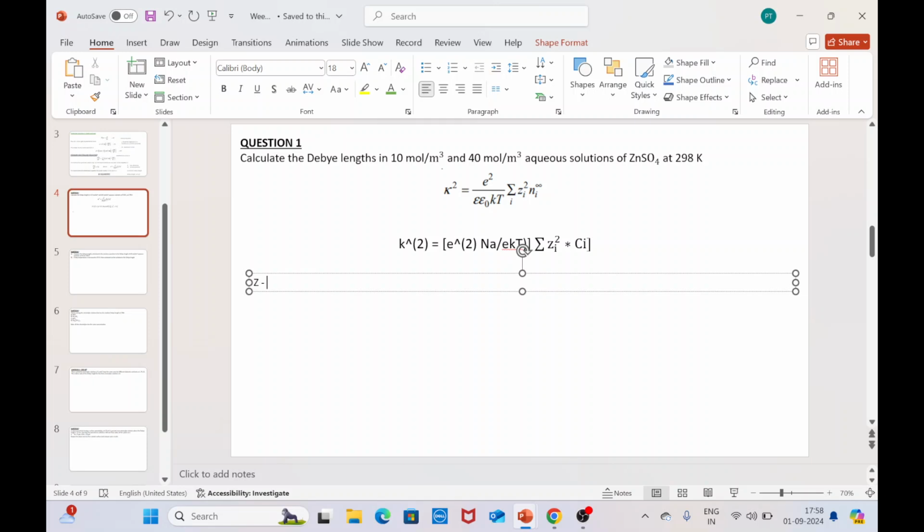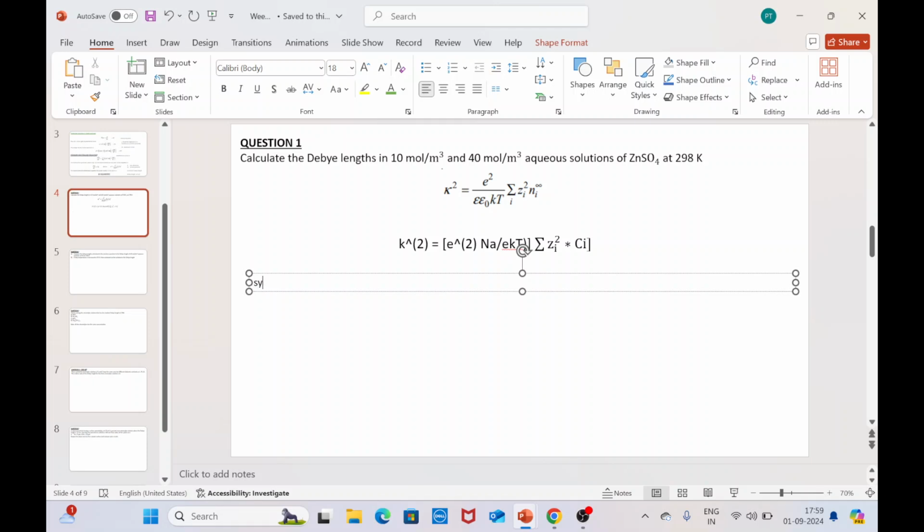So the valency is 2. So since zinc sulfate is a symmetric electrolyte, I hope you guys know what is symmetric and asymmetric electrolytes.